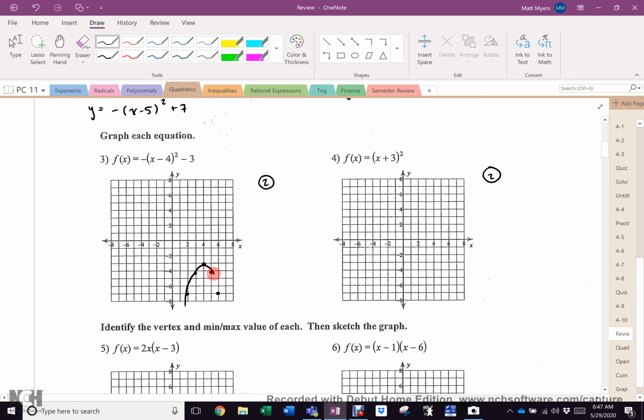And there's my graph. 1 mark for knowing what to do with the algebra, 1 for actually graphing it. Over here, negative 3. Y-intercept is 0, and it's normal. Over 1, up 1, over 2, up 4. And it looks like that.